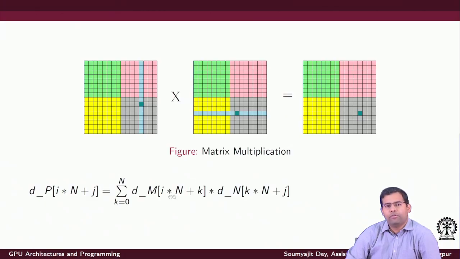When I am talking about this entity, I am referring to this matrix, think of this as on the left hand side. I will do i times n. n is the x as well as the y dimension of the matrix, and you shift by k positions to get to any of the k positions here, and you multiply it with the corresponding value of this column.